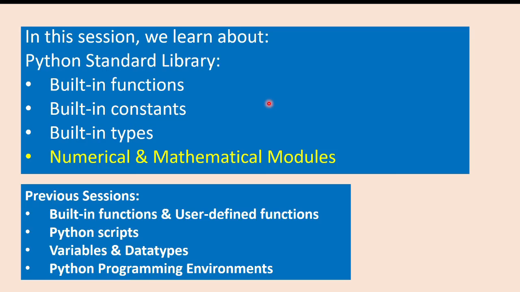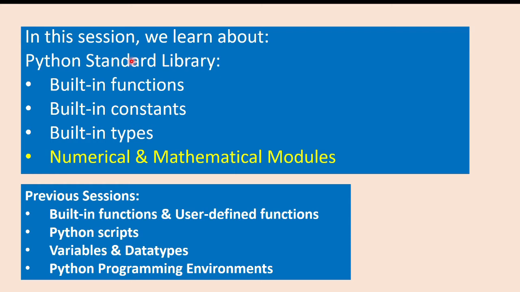When you install Python, you have access to a large number of components. Now what are these components? Some of them I have listed here. These components include built-in functions. We are already familiar with built-in functions because in the previous sessions we discussed them.